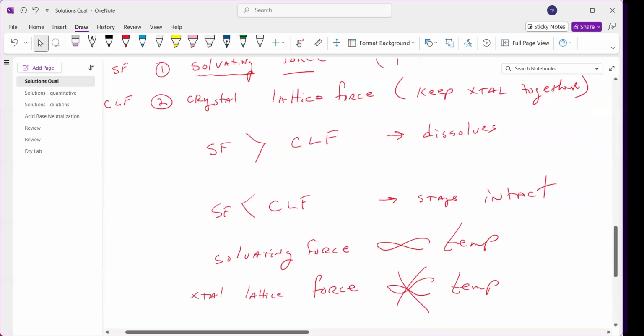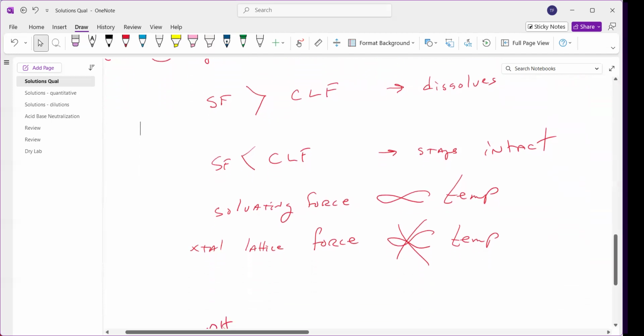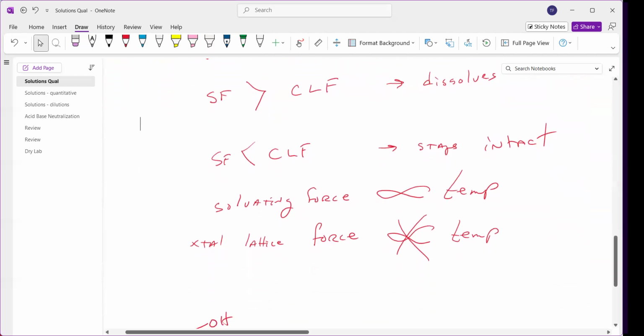Now, crystal lattice force is not affected by temperature. Solvating force is, because solvating force depends upon movement. So we can increase the movement of molecules by increasing the temperature. If something doesn't dissolve, up its temperature and it'll finally dissolve because the movement of the solvent is increased. So solvating force is directly proportional to temperature. Temperature goes up, solvating force goes up.